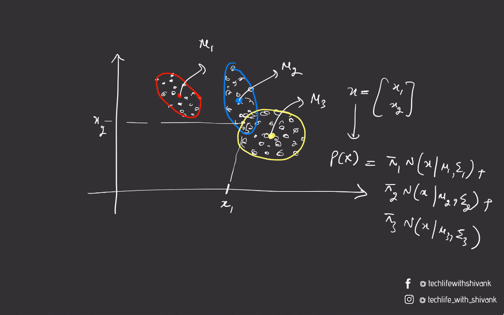And the goal is to estimate pi1, pi2, pi3, mu1, sigma1, mu2, sigma2, mu3, sigma3.